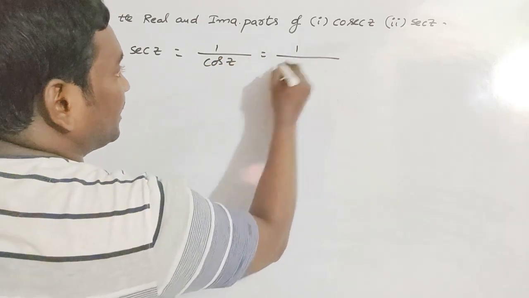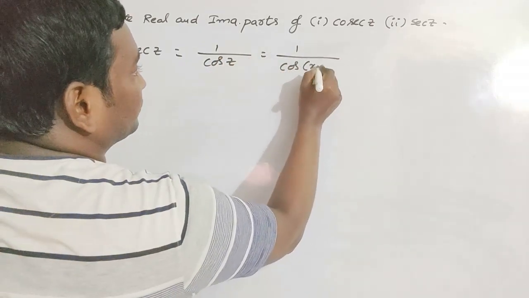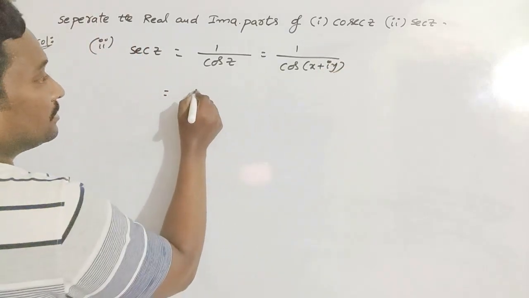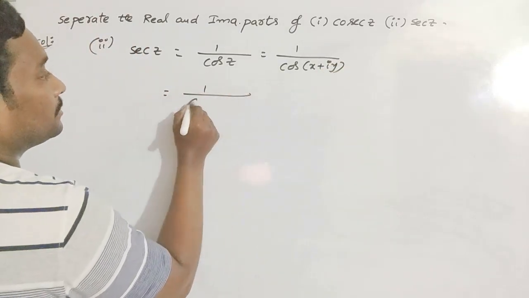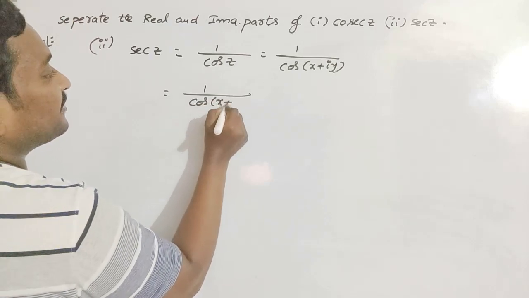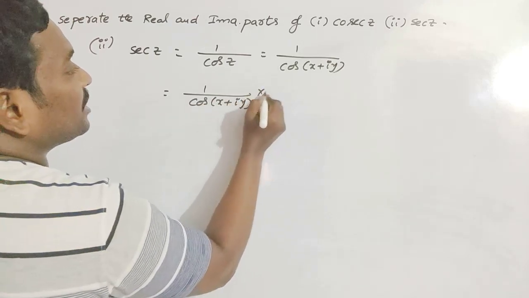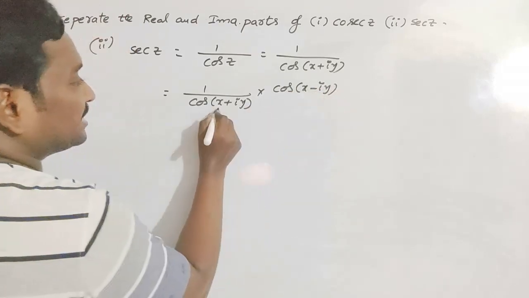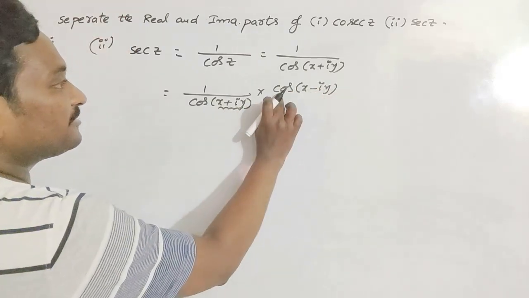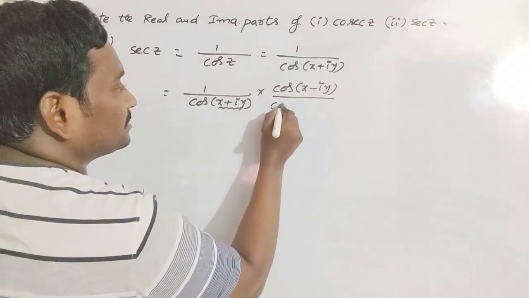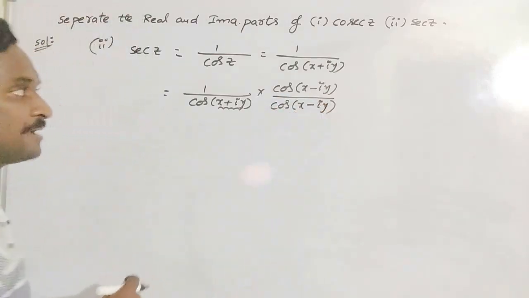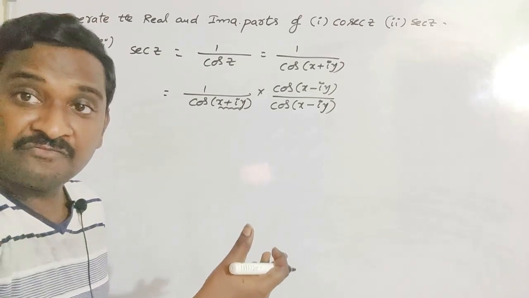And z is replaced by x plus iy. Now I will write this term as 1 by cos of x plus iy into multiply with cos of x minus iy. Since here the angle is x plus iy, that's why I am multiplying with cos of x minus iy whole by cos of x minus iy. Just like rationalizing the denominator.